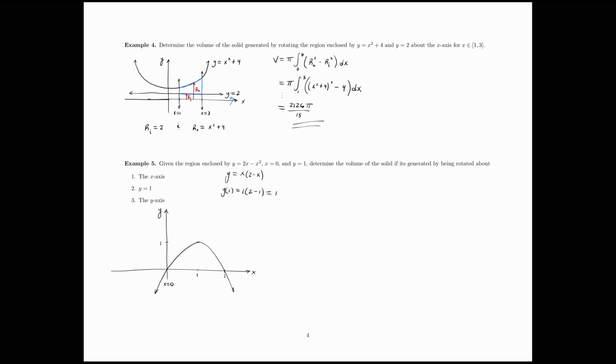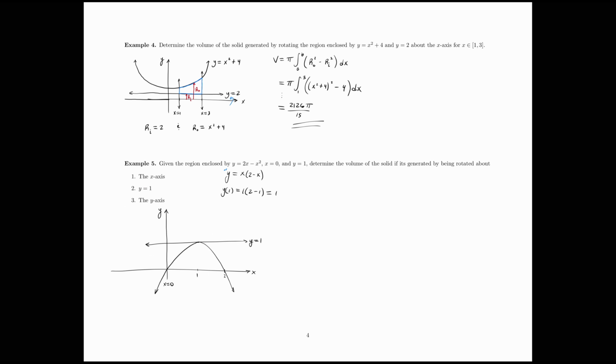So there's y equals 1. So y equals 1 actually goes right through this. So let's go ahead and draw that real quick. And we'll just line this up to make it look nice.